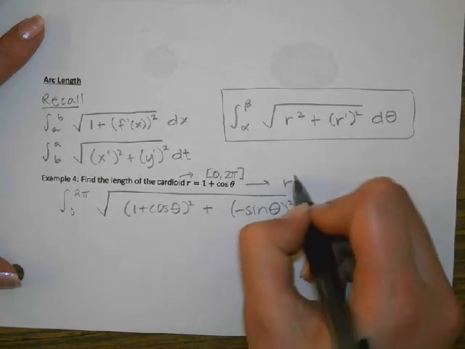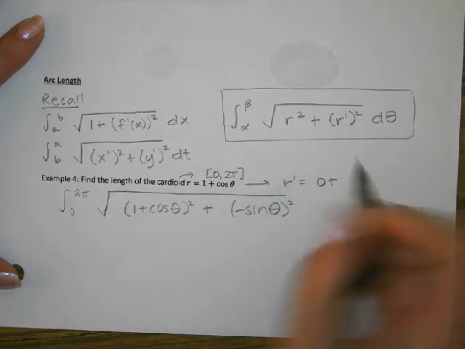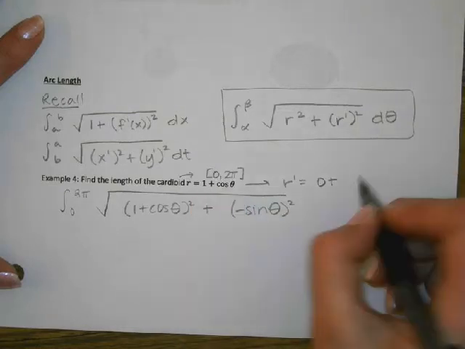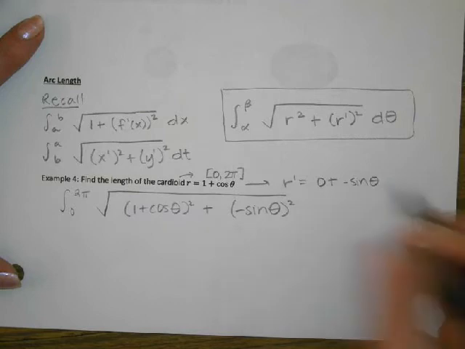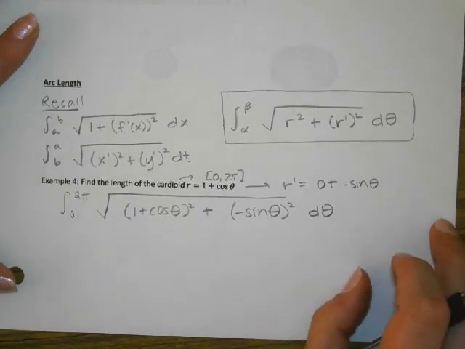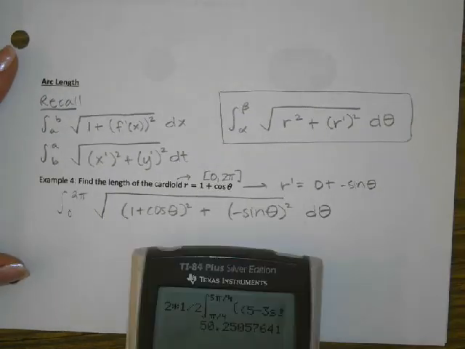So our r prime was 0 plus the derivative of cos, which is negative sine. And we're ready to plug that in.